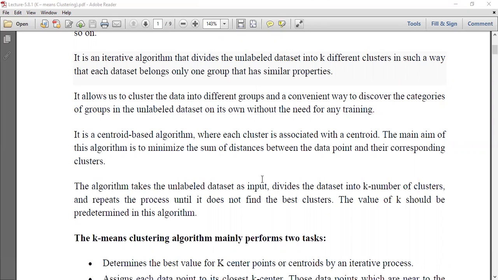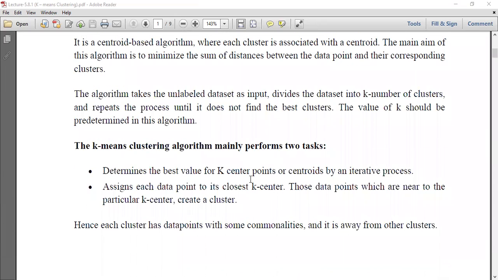The main aim of this algorithm is to minimize the sum of distances between the data points and their corresponding clusters. The algorithm takes the unlabeled data sets as input, divides the data set into K number of clusters, and repeats the process until it does not find the best cluster. The value of K should be predetermined in this algorithm.